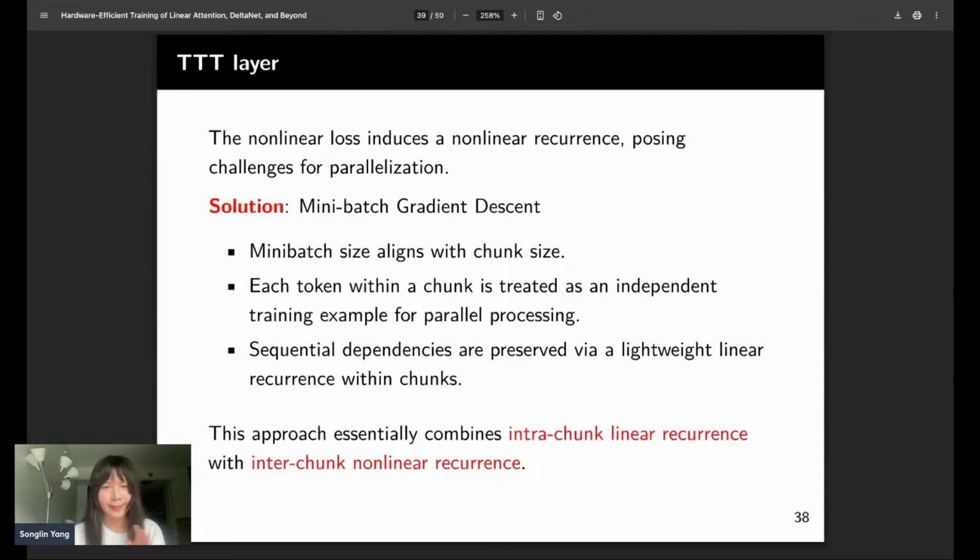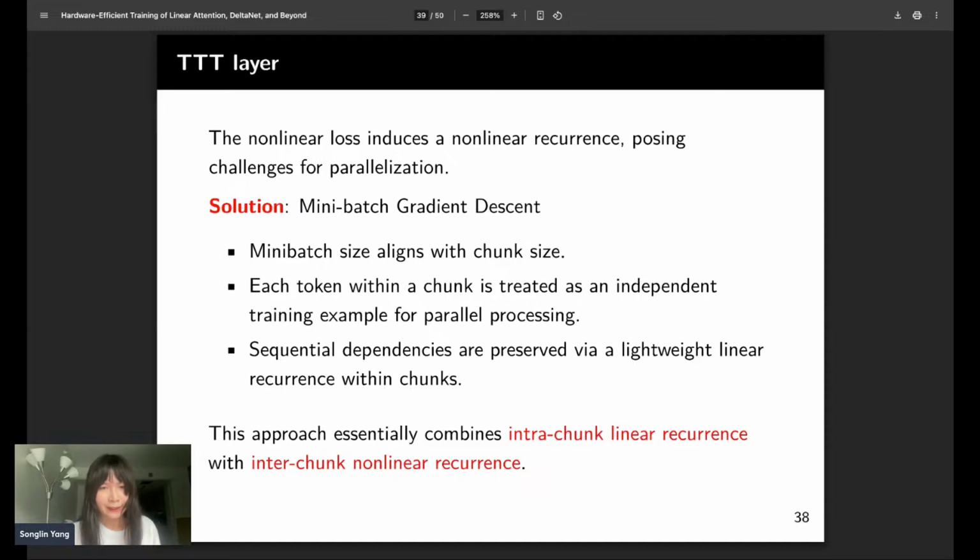To work around this issue, in TTT, they come up with a mechanism called mini-batch gradient descent. So DeltaNet applies online gradient descent to optimize the objective, so the weight matrix or the recurrent state is updated for each time step.